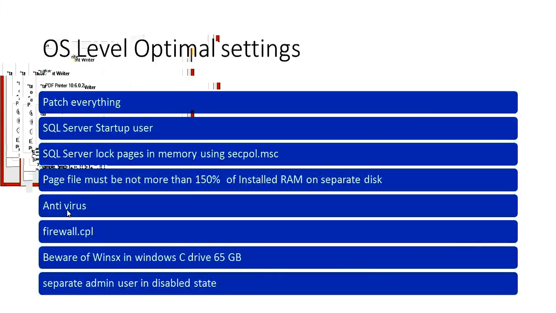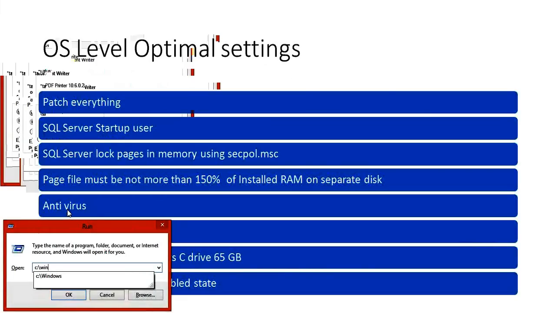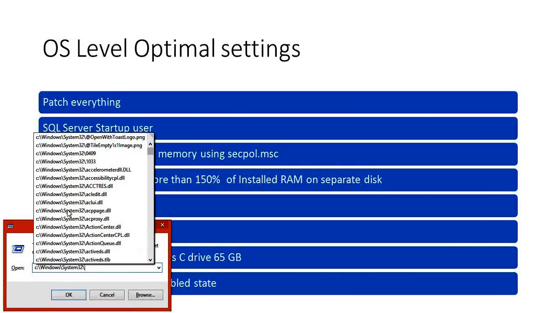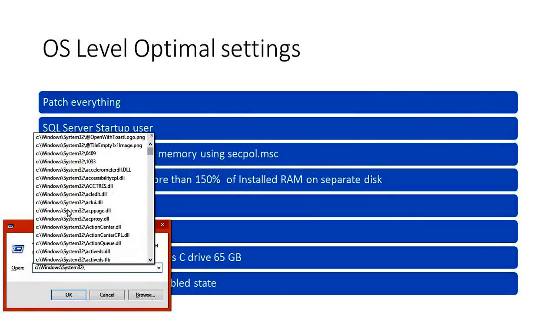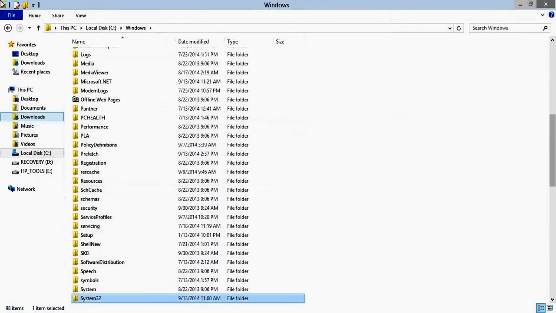Okay, from Windows Server 2008, you can see the WinSxS folder, which is located in C:\Windows\System32. When you patch, the folder occupies space.